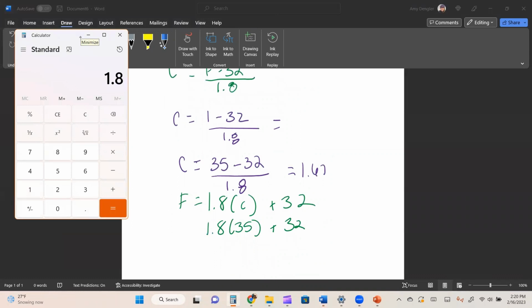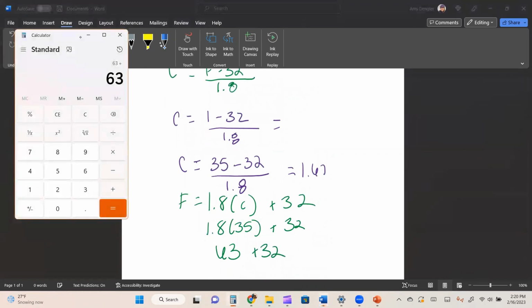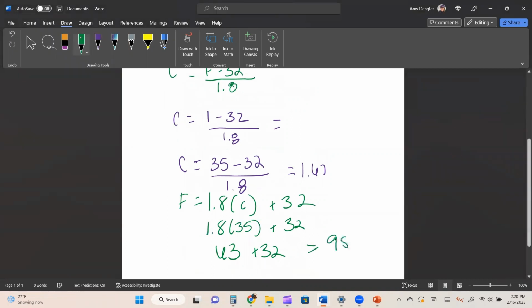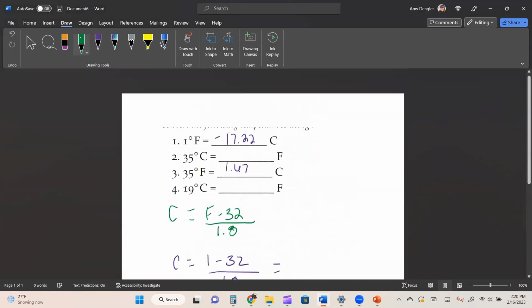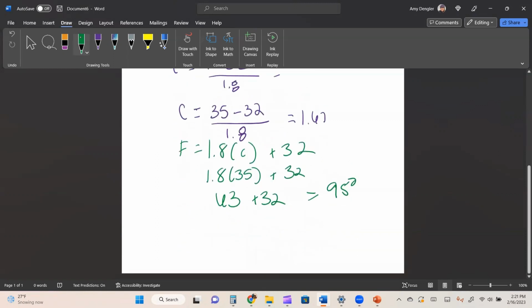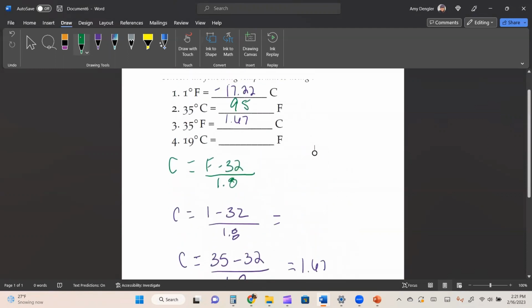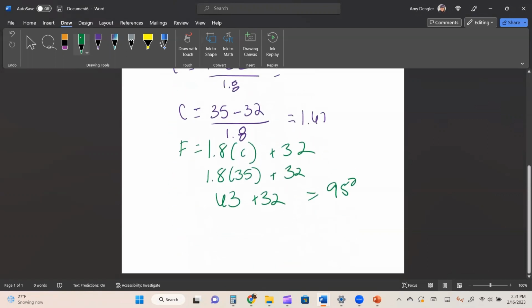So 1.8 times 35, which is 63. And then we're going to add 32. So that's 95 degrees Celsius, or Fahrenheit, sorry. All right, and the last one, we have 19 degrees Celsius that we want to convert to Fahrenheit.